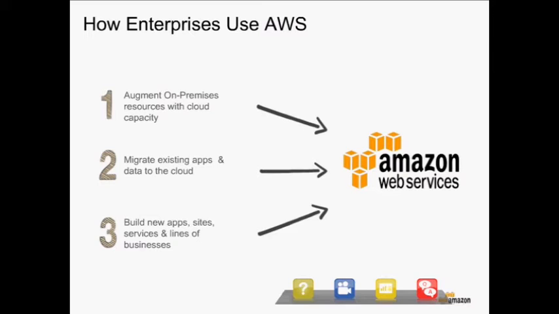One of the many questions we've received from other partners and customers is how are enterprises actually using AWS today? And we see three major use cases here. They augment on-premise resources with cloud-based capacity. In many cases, customers and partners approach us and say, look, our data centers today are at their maximum capacity.